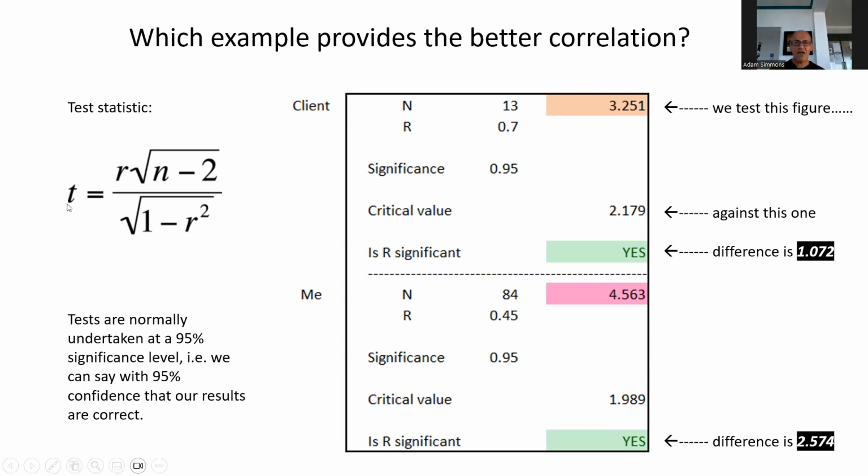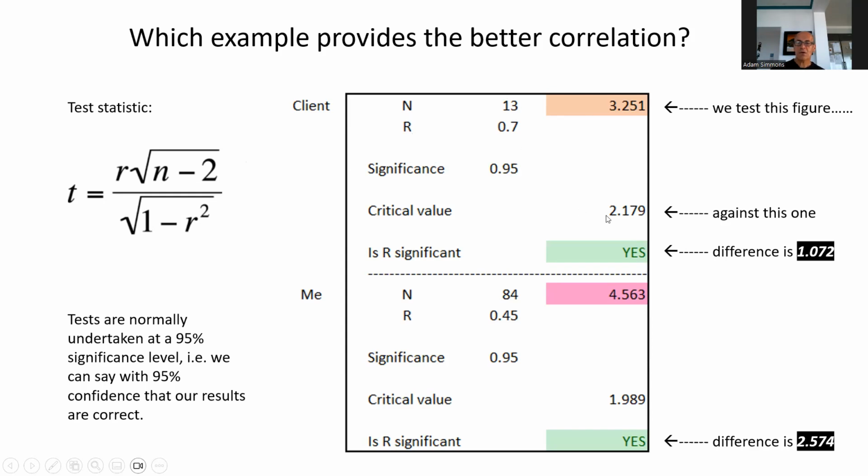Well, on the left here, I've derived the test statistic, which is a little bit complicated, but I just developed a simple spreadsheet, and I generated the value for the client, 3.25, based on this statistic, and the N and the R are what is used in this formula.